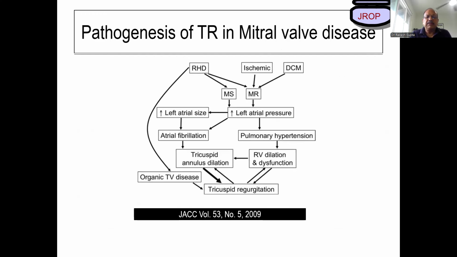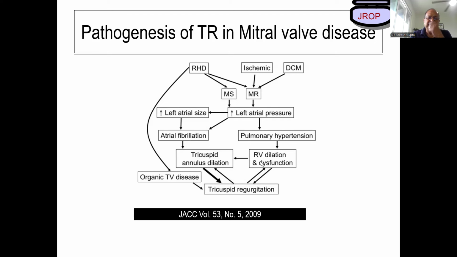Pathophysiology of TR in mitral valve disease. Look, if we have rheumatic heart disease, ischemic or dilated cardiomyopathy, they produce MS-MR, increased left atrial pressure, pulmonary artery hypertension, RV/RA dilatation. Whenever you increase left atrial pressure, LA size increases, and the patient may go into atrial fibrillation.